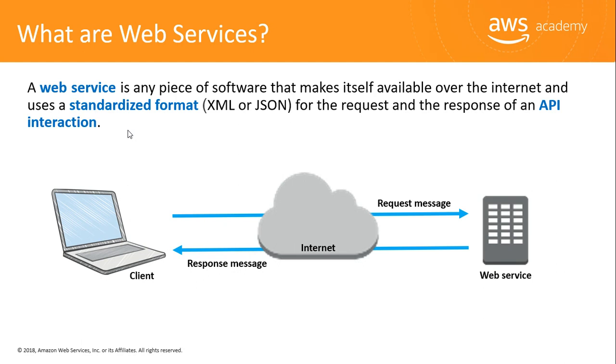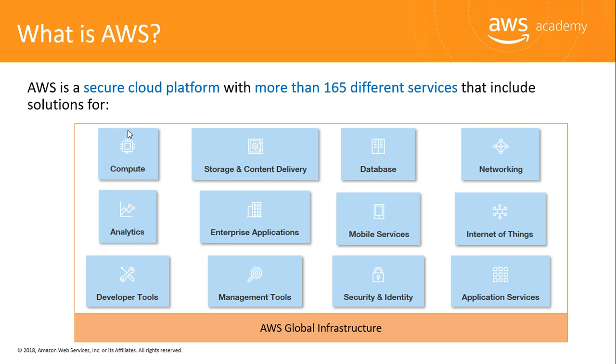The definition is given in a different concept: a web service is a piece of software that makes itself available over the internet and uses a standardized format for the request and response of an API interaction. So forget about this definition. This is a different definition which is not applicable to the cloud.